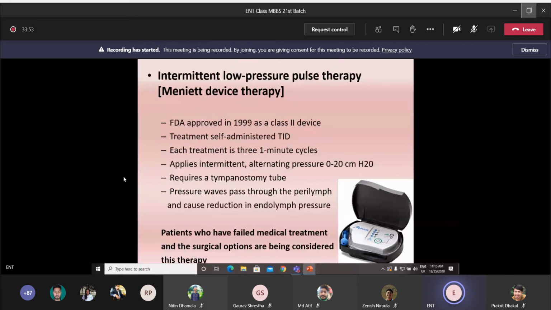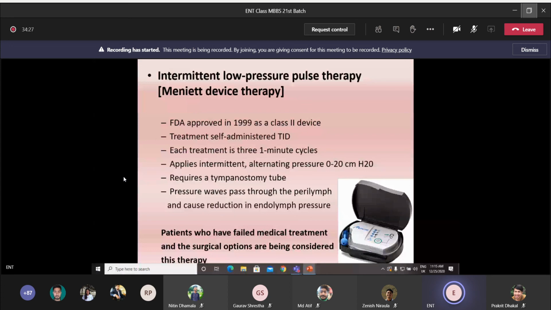So this can also help the patient, so they don't need to undergo those surgeries, because sometimes even after they undergo those surgeries, some patients do not get cured totally. So these are the conservative treatment and surgical treatment, and intratympanic gentamicin injections and the intermittent low pressure pulse therapy.